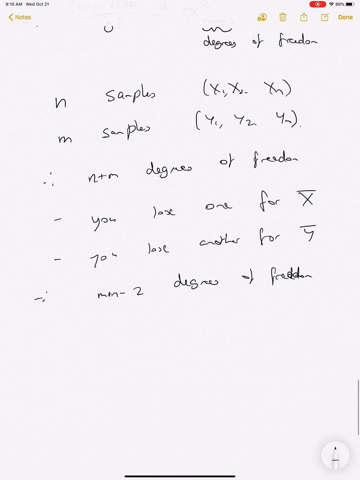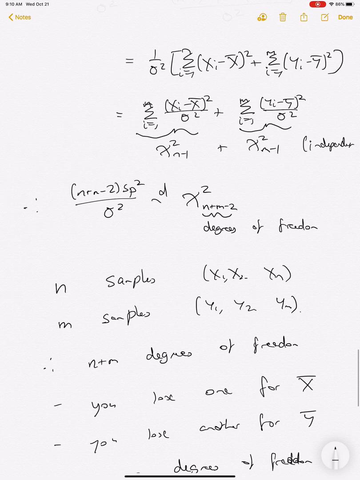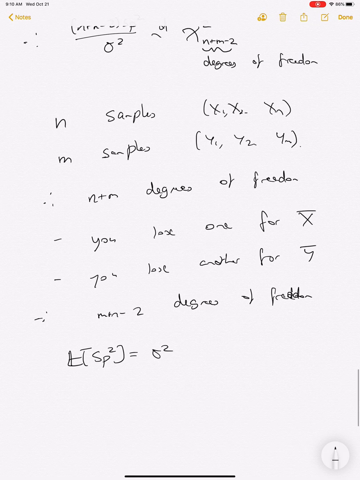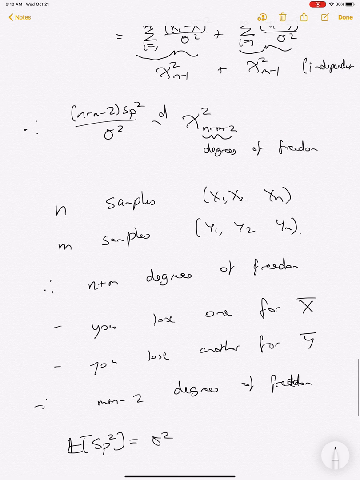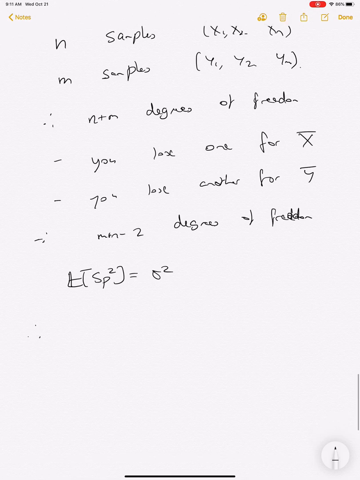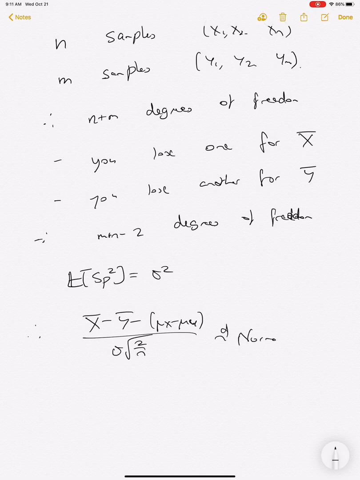Okay. The other thing that's fairly straightforward to show is that E of sp squared just equals sigma squared. You can do that calculation yourself because it's a linear combination of sx squared and sy squared. So just returning to what we already have, we know that sigma times square root of 2 on n, that's normal with mean 0 and variance 1.